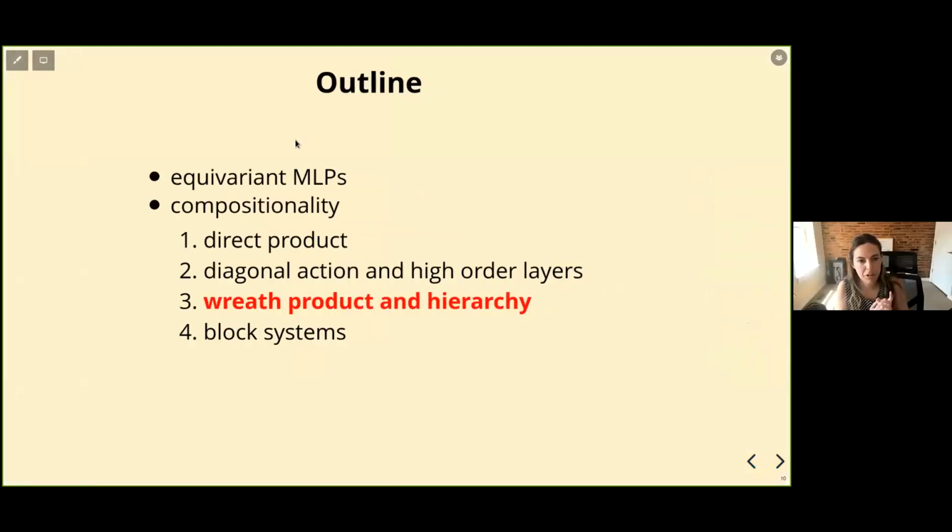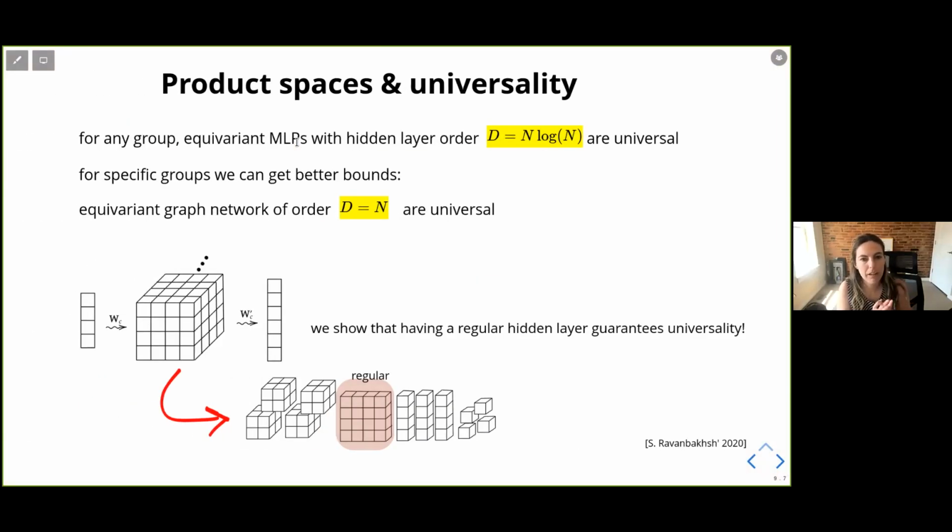Can I ask a question about that? Sure. So in these MLPs that are universal approximators for any group, do you need to have a nonlinear activation function? Yes. And if so, how do you choose the nonlinear activation function to be compatible with the action of the group? Right.